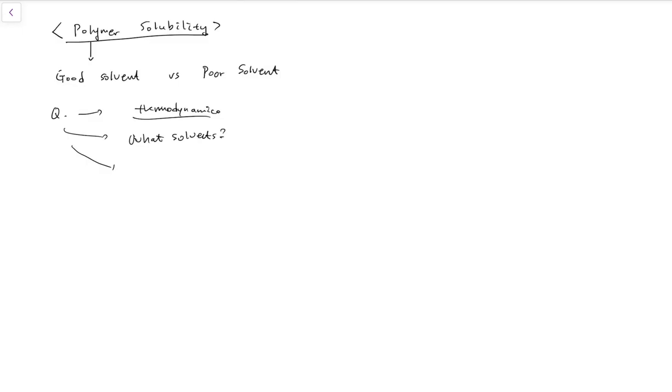And how is polymer solubility influenced by polymer-solvent interaction? There will be many factors, right?